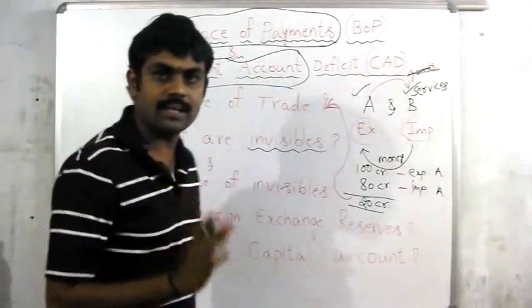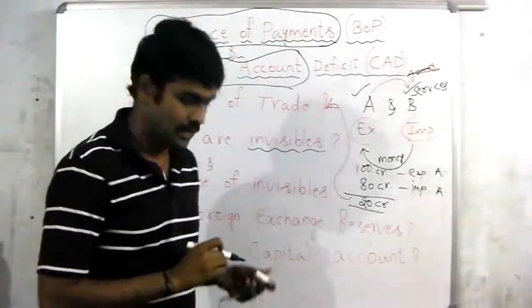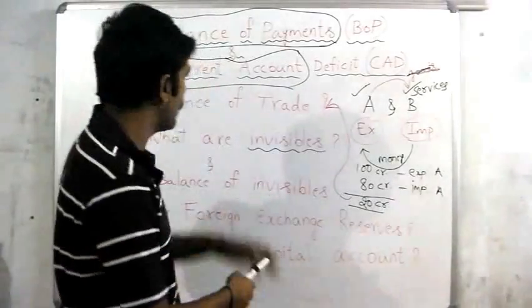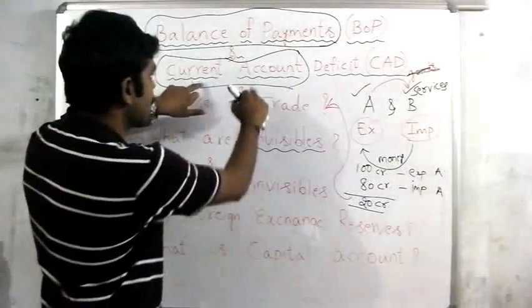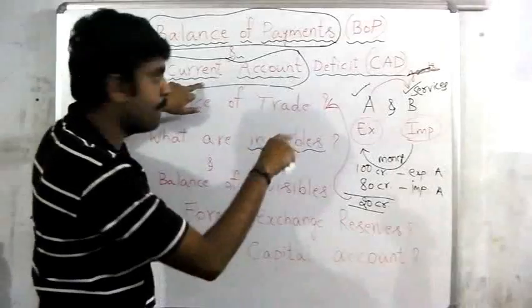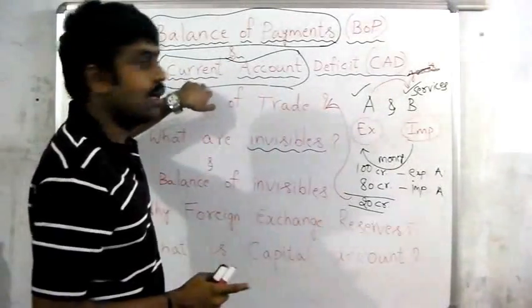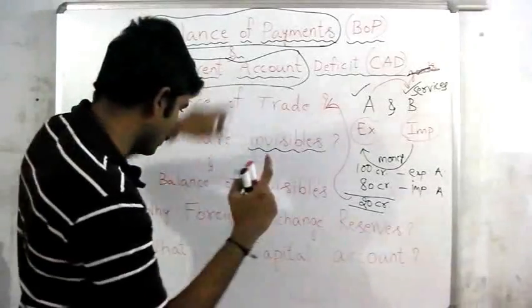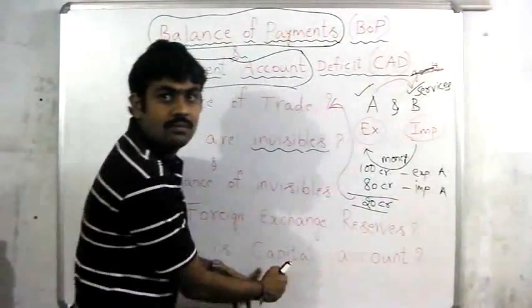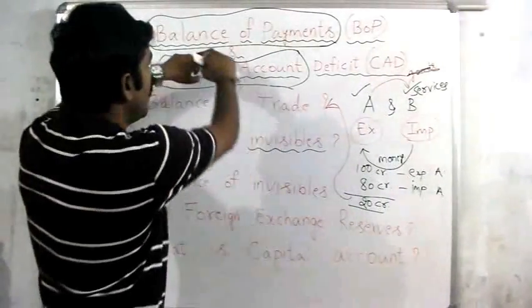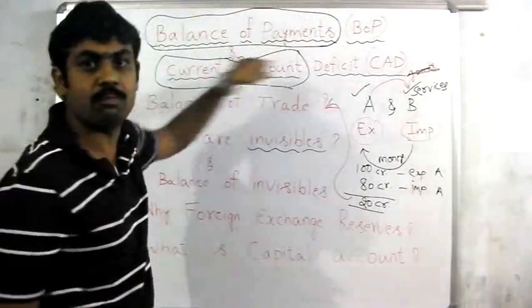That means, what is the meaning of balance of payments? The combination of the current account, which is a combination of balance of trade and balance of invisibles, when added to the capital account gives rise to the whole term called balance of payments.